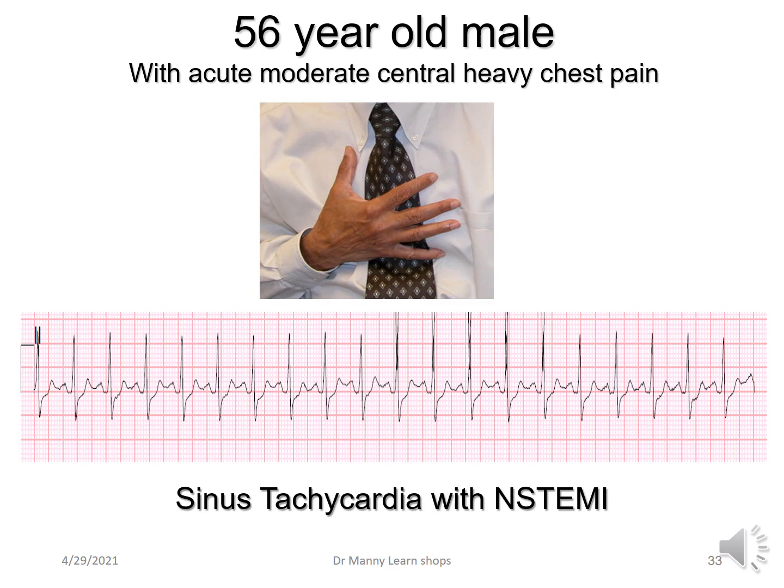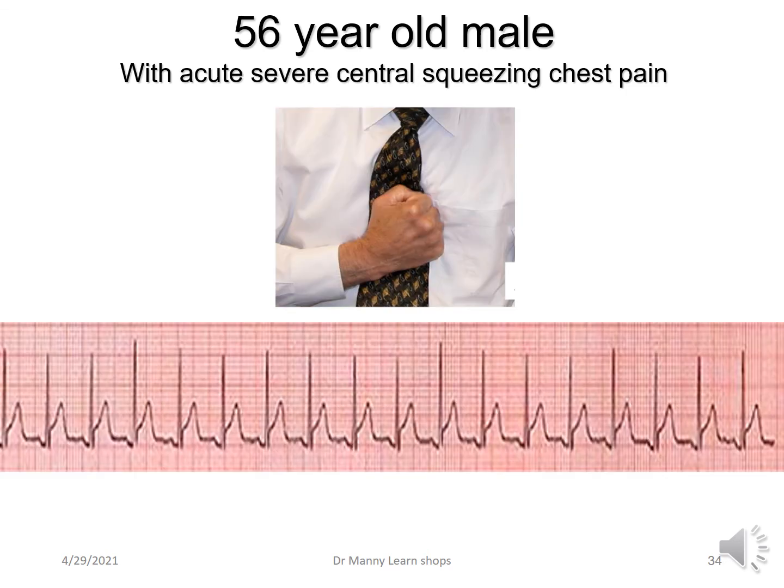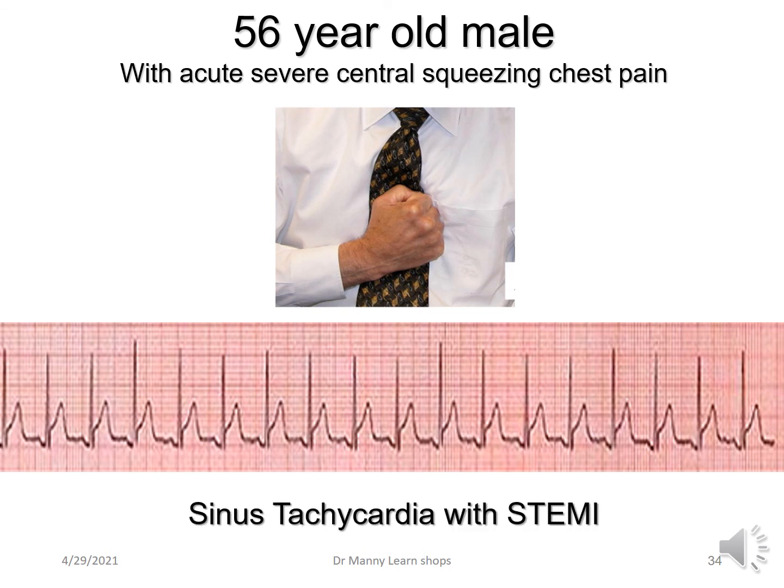Very clear. You've got a 56-year-old male with acute severe central squeezing chest pain, demonstrated by another version of Levine's sign with a closed fist. This is now sinus tachycardia with ST segment elevation myocardial infarction, STEMI.